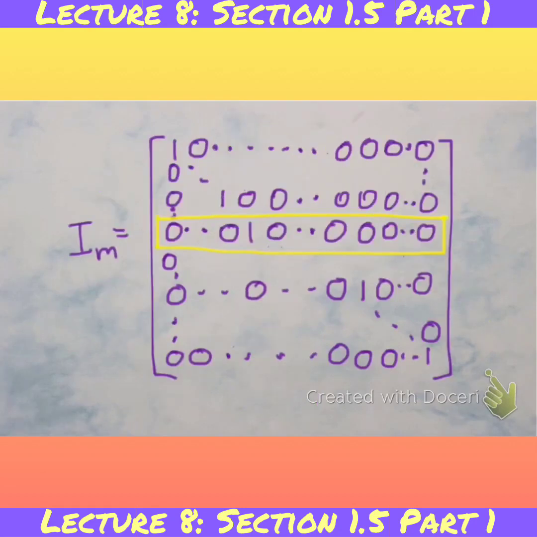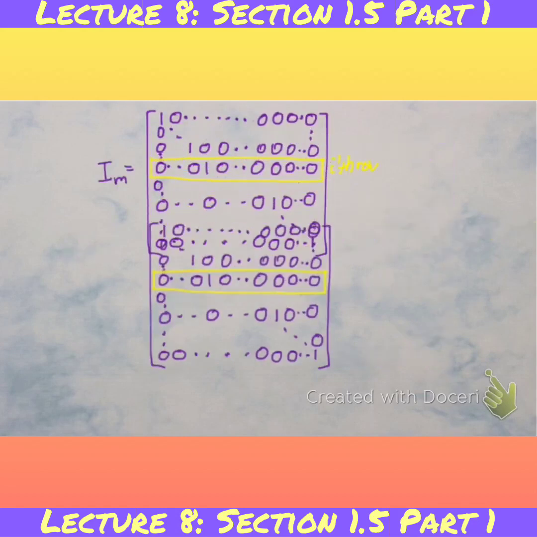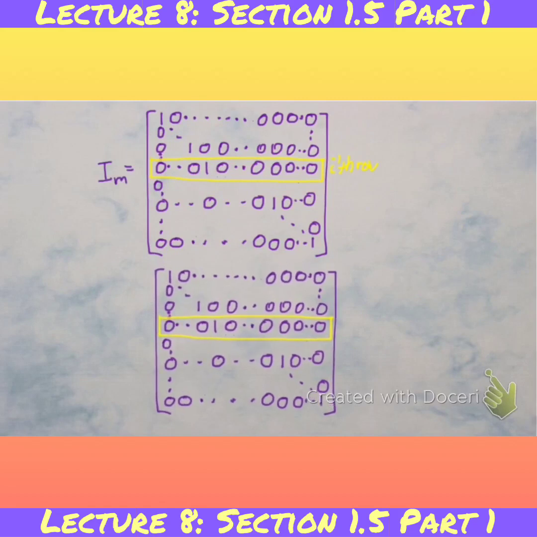Okay, let's look at the identity matrix again. I'm going to focus on the ith row of the identity matrix. Now I'm going to look at my second type of operation, which is multiplying the ith row of the identity matrix by a scalar C, and in so doing, I'm going to create the elementary matrix.